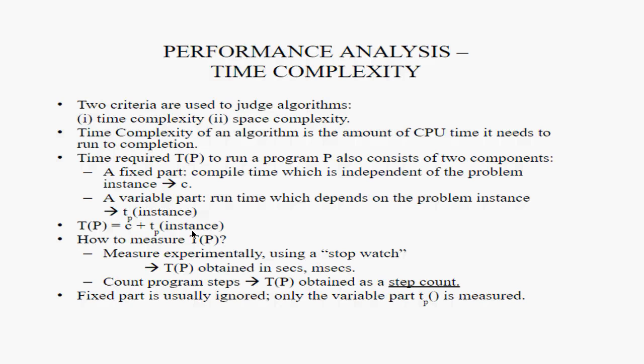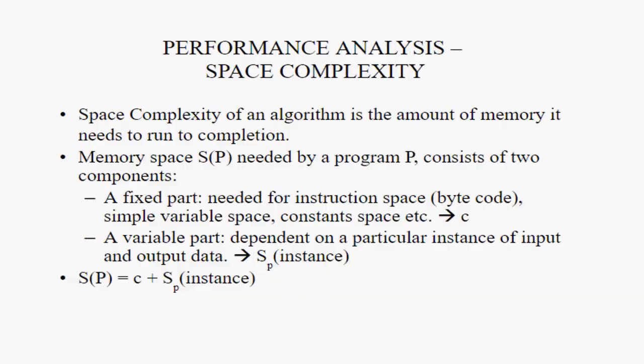Two things the execution time depends on: the basic operation and the number of times the basic operation is executed. So the time efficiency, or the execution time, is the basic operation as well as the number of times it has been executed, which tells you the time complexity.